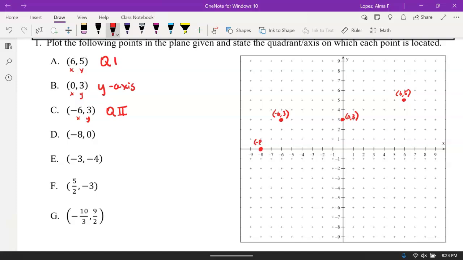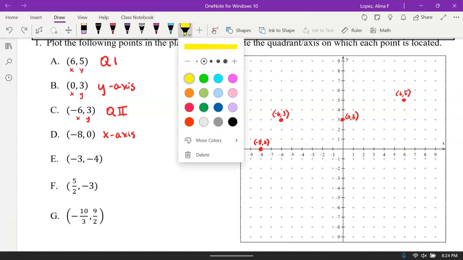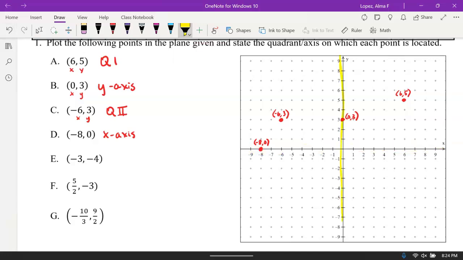That is the point -8 and 0. Now, it's not actually in a quadrant either, is it? No, it sits on the x-axis. Remember, the one that runs left and right is our x-axis, and the one that runs up and down is our y-axis.